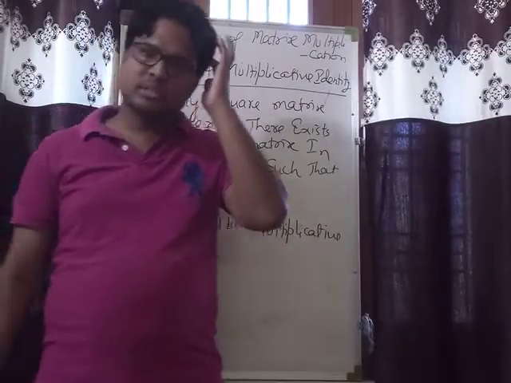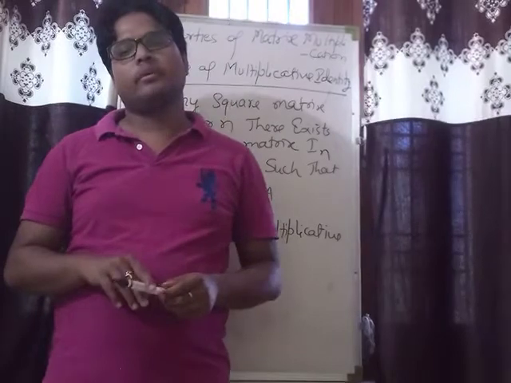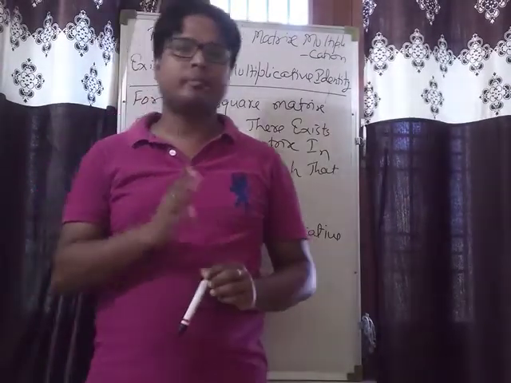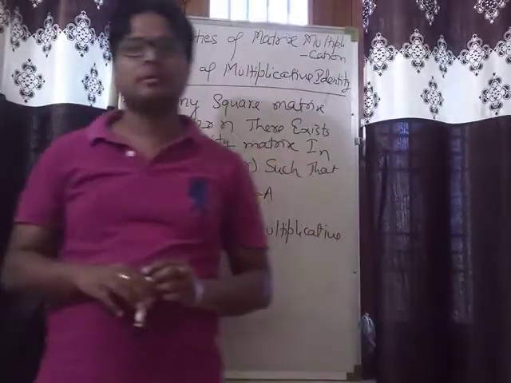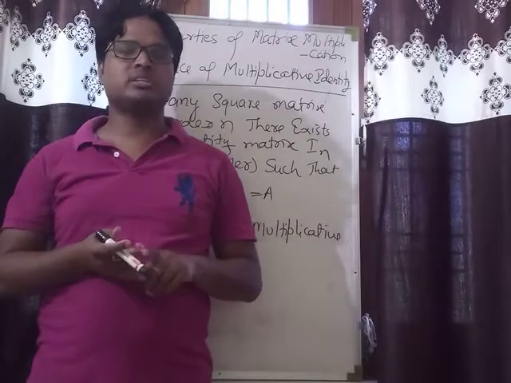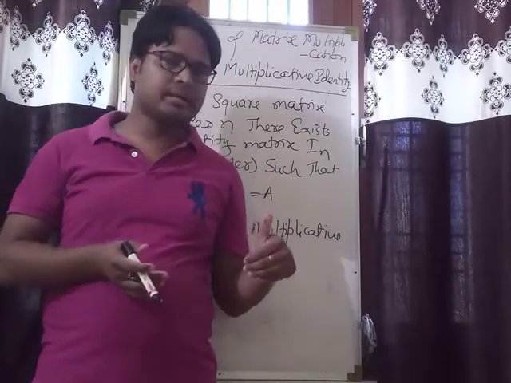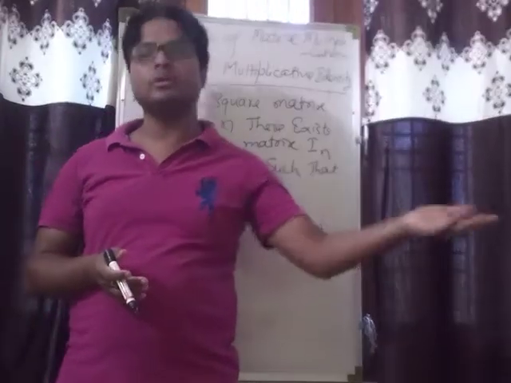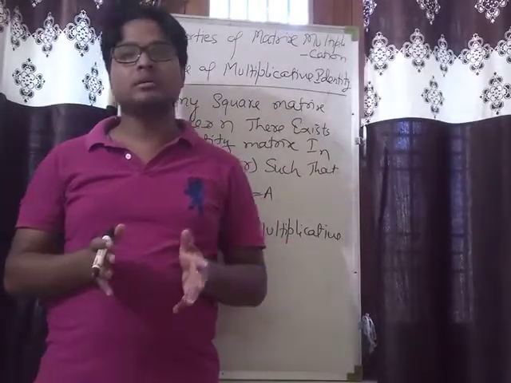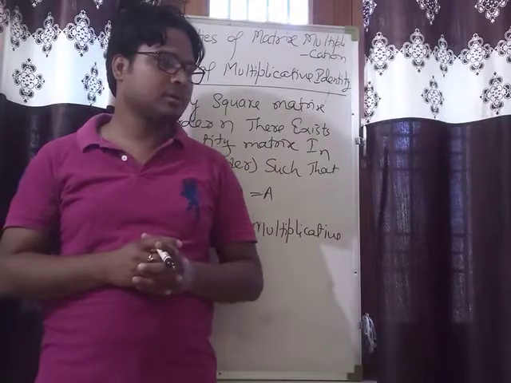Good morning, students. Last time we had seen some properties of matrix multiplication: commutative property, associative property, and distributive property. Matrix multiplication is distributive over addition. Matrix multiplication is associative.